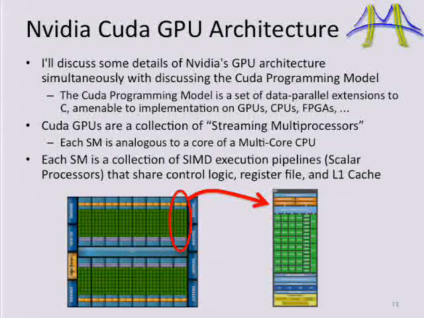So this cartoon at the bottom here is of the GTX 480, the latest Fermi architecture. It has 16 of these streaming multiprocessors. The streaming multiprocessor has a large number of SIMD execution pipelines that you should consider much the same way as SSE execution pipelines, at least for the sake of understanding performance. Each SM has a single set of control logic, a single register file, and a single L1 cache, much the same as a CPU core.